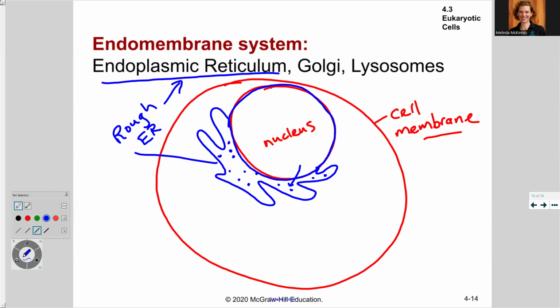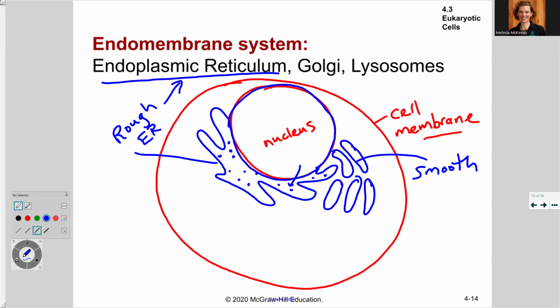Then there's also part of this endomembrane system, which I'm going to draw over here, which is also the endoplasmic reticulum, but it's smooth. It does not have any bumps on it. So this is called the smooth endoplasmic reticulum, ER. And they have different functions. So the function of the rough ER is to synthesize proteins.